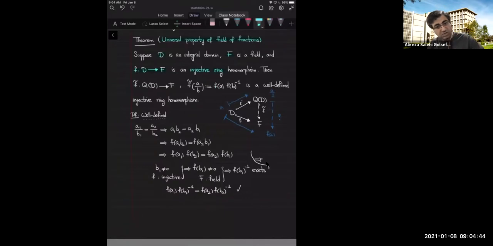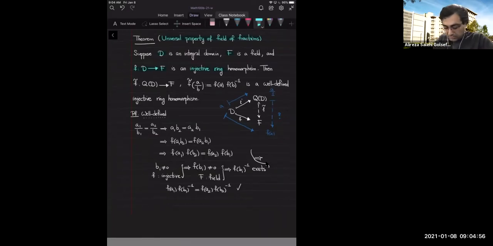Okay, now what is that embedding? We give a concrete injective ring homomorphism from the field of fractions of D into F. What is that? It is in the natural way. So F tilde from the field of fractions to F, if there is such a thing, then F tilde of A over B, if it's supposed to be compatible with what we have for the integral domain D, should be F of the numerator times the inverse of F of the denominator.